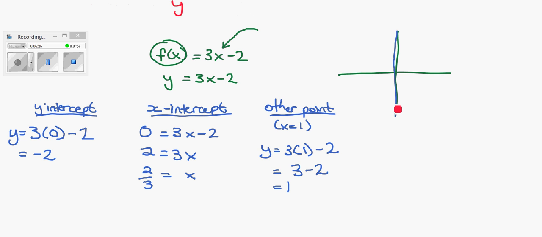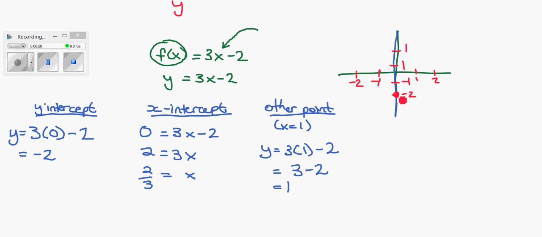So it crosses the y-axis at negative 2. So if I draw here, negative 1, negative 2, okay, and so crossing the y-axis at negative 2.